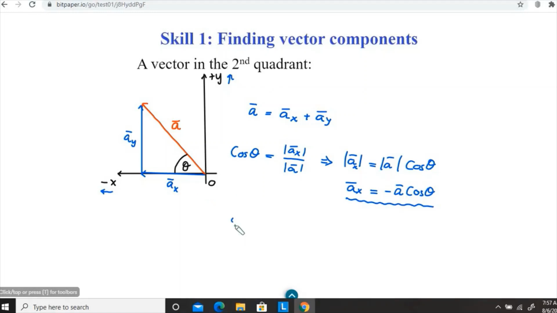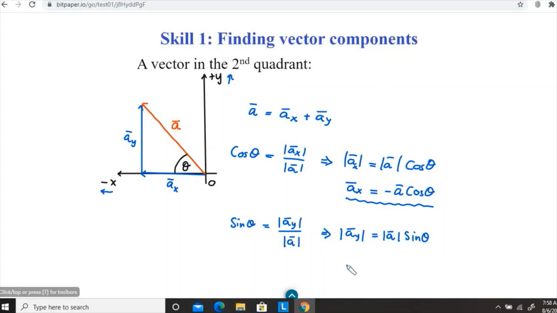Now, from the definition of sine theta, we can get the magnitude of the ay vector in this way. So, the magnitude of ay vector is equal to the magnitude of the A vector times sine theta. Simply, you have to refer to the right angle triangle, look at the sides, and then obtain this result.